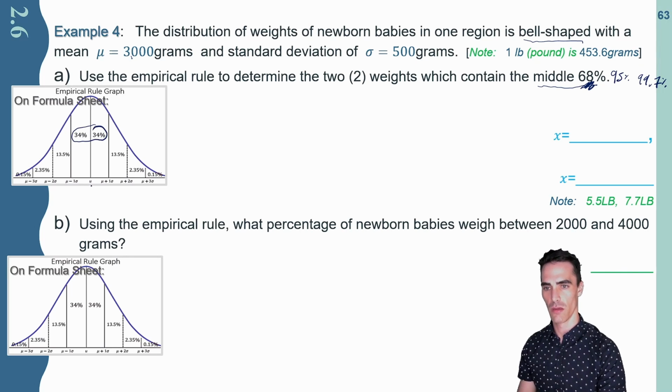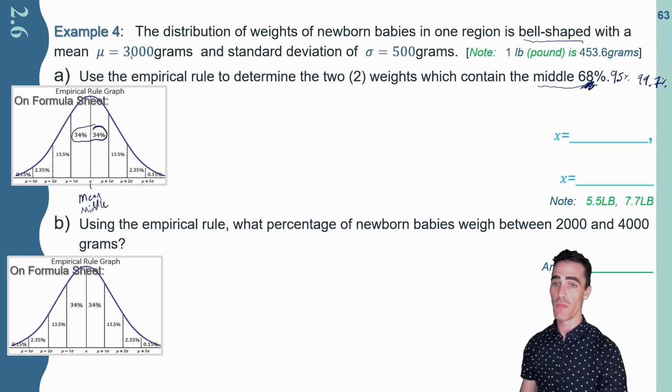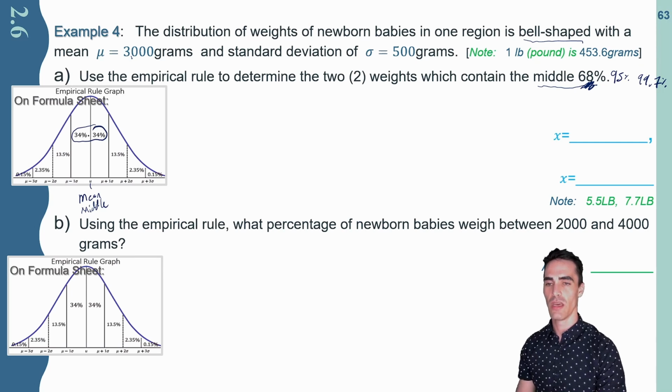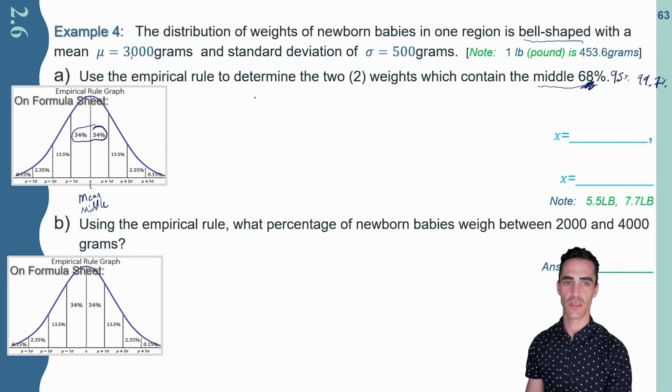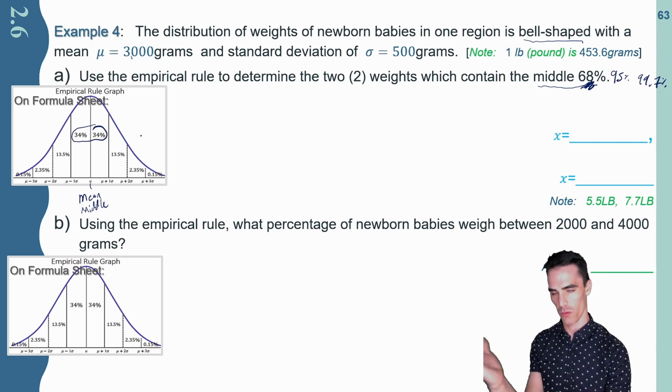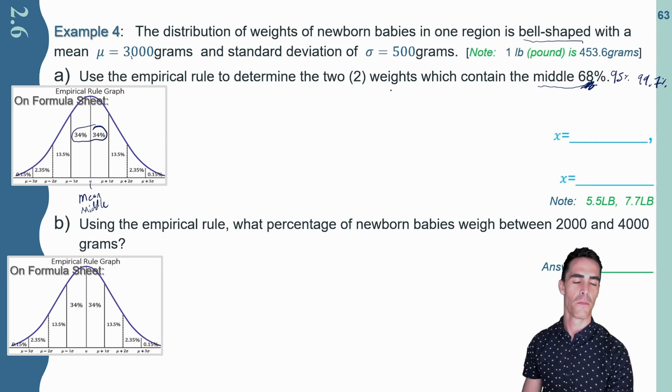Again, the mean, sitting right over here, is the middle. And so if I want the middle 68%, then I want these two values. I want those values pulled. And so this question, use the empirical rule on a chart to figure out the weights that contain the middle 68%.